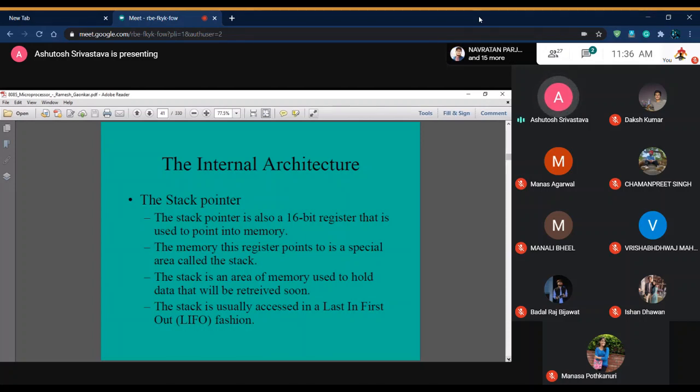So the approach is that whatever comes gets stacked into your stack memory, and depending upon its arrival, there is a sequence that happens, and it follows a fashion of retrieval and operation which is last in, first out type.